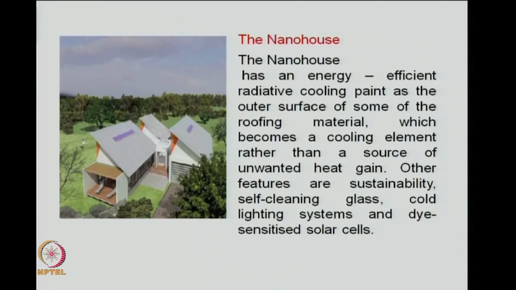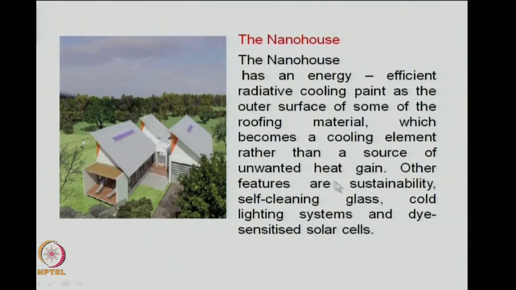This is another idea of building a very energy efficient house. So, this has a coating on the roof of the house. Normally the roofs get heated, and for the heating of the house, the roofs are the most important structures, and so you need a lot of air conditioning for cooling.